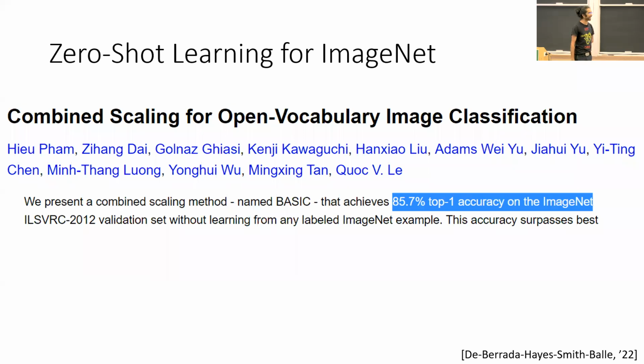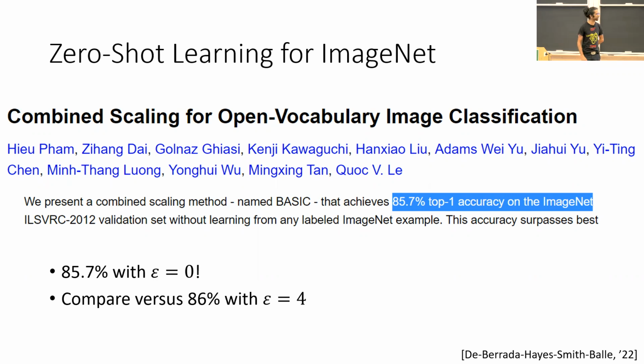They achieved 85.7% top 1 accuracy on the ImageNet validation set without learning from any labeled ImageNet example. To rephrase that for the privacy community, in some sense, what they did was achieve 85.7% with epsilon equals 0 differential privacy. That's in comparison to the previous result, which roughly matches at epsilon equals 4.